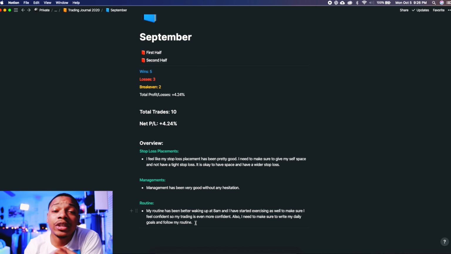So in September, working out has been a priority, or more of a priority, right? But what has been lacking is my specific daily goals, writing my daily goals and following my routine, which I'm going to hone in on and make it a priority for October, right? Because the more I do it, the 21-day, the 31-day habit, because it's all about creating habits when it comes to trading.